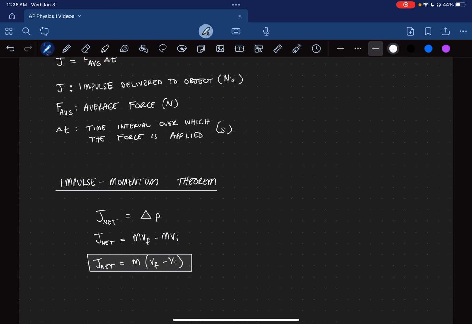And by the way, impulse is a vector. Force, you guys know, is a vector. And these are vectors, except mass, except time. That just means that when you get an answer for these, you have to include direction.